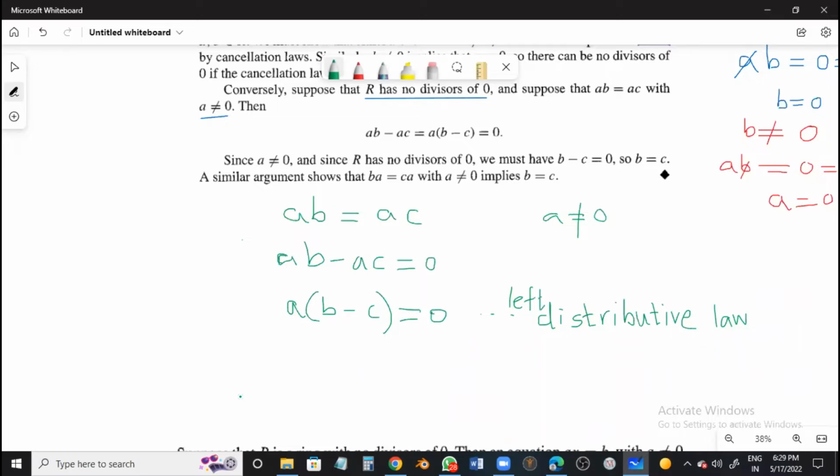Now what happens? A is not 0 is mentioned over here and the product is 0, and moreover it is told that R has no zero divisors.